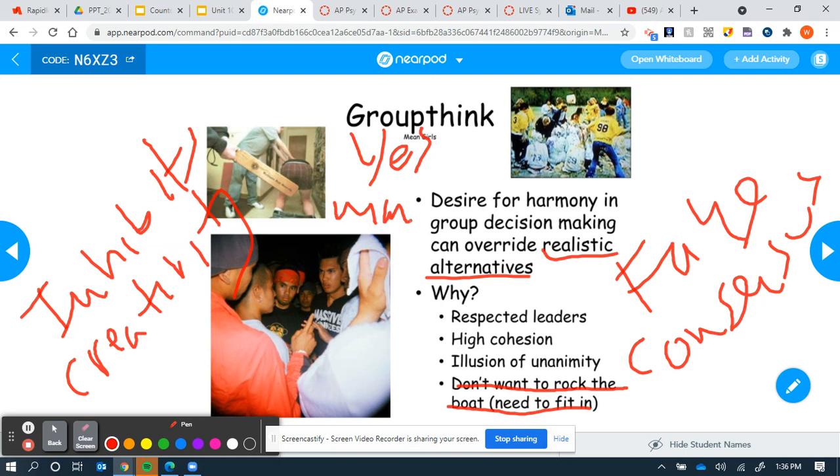And then more recently, the 2016 election is an example of groupthink. Nobody even considered the possibility that Donald Trump was going to win the election. Nobody even looked at, well, what other options? People are like, he's not going to win. Okay? Right? And nobody wanted to speak up and say, hey, I don't know. Okay? Maybe we should be looking at this a little bit differently.